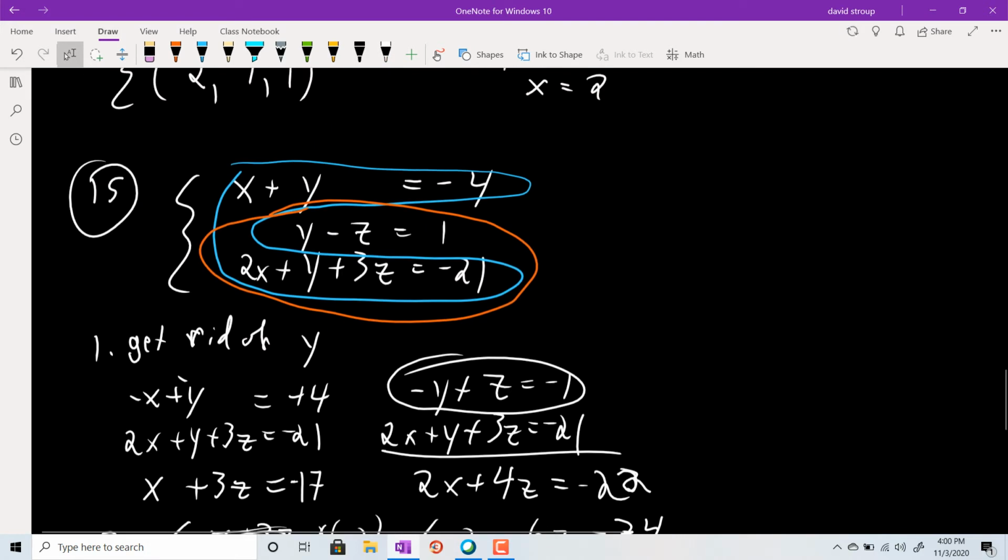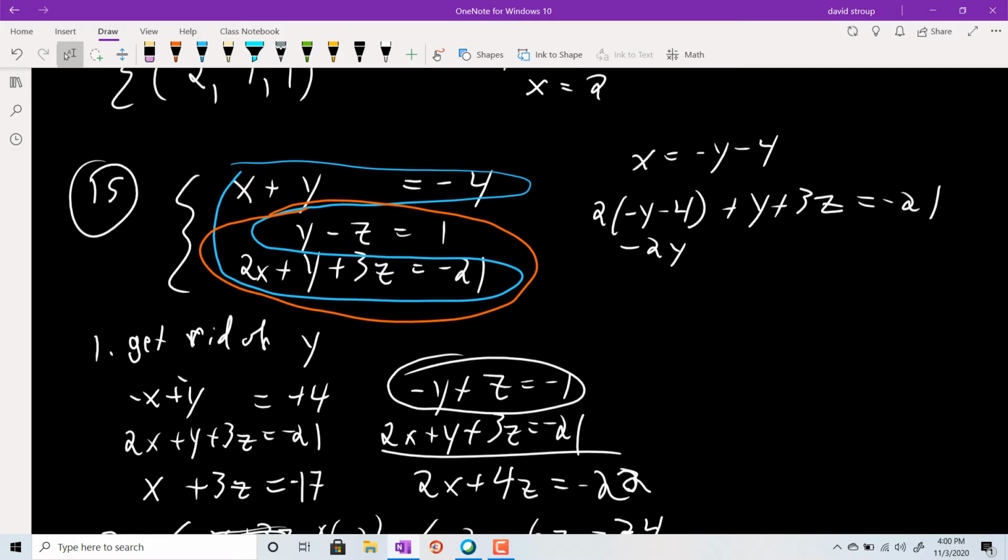Okay, are there any other ways to kind of do this? Well, we could do a substitution thing. I don't know how far that would get you, but you can maybe solve this for y, or solve it for x. So x is equal to negative y minus 4. Then 2 times negative y minus 4, so I'm plugging it into the third equation now, plus y plus 3z equals negative 21.